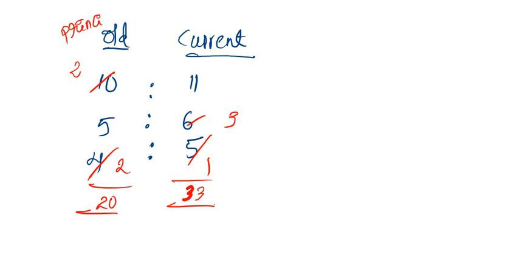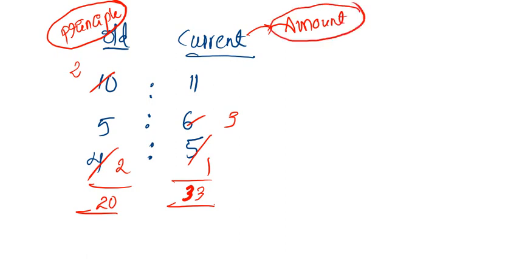The compound interest we will call, the old one is your principal, and the current one we will call as amount. Amount means the interest is calculated on principal only.